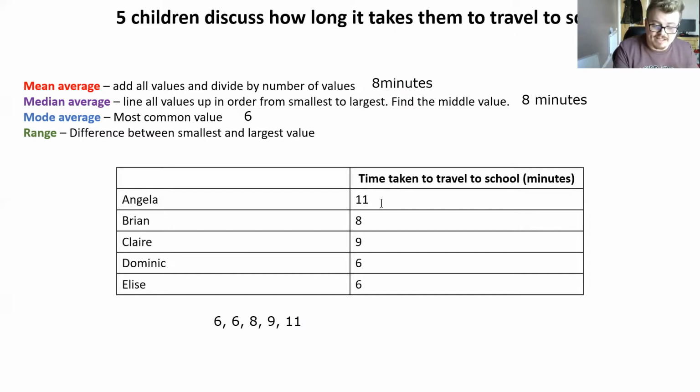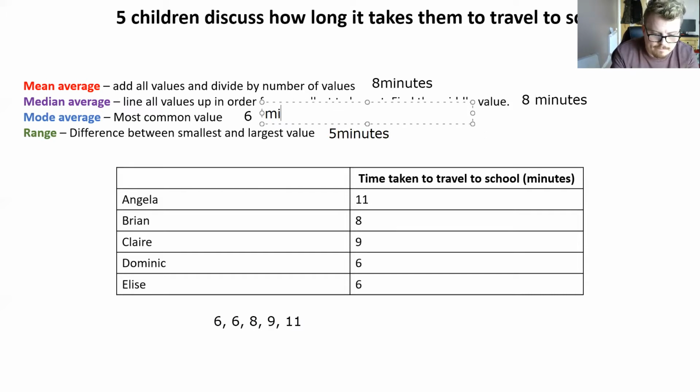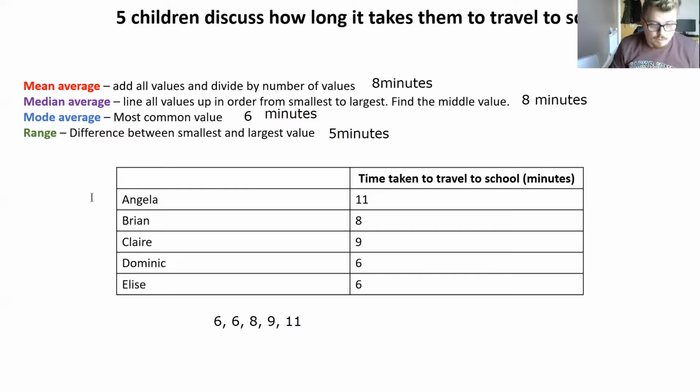So 11 subtract 6 gives us 5 minutes, and I should have written minutes up here as well. So what we've done is we found the mean average, which is 8 minutes, the median average, which is 8 minutes, the mode, which is 6 minutes, and the range, which is 5 minutes.